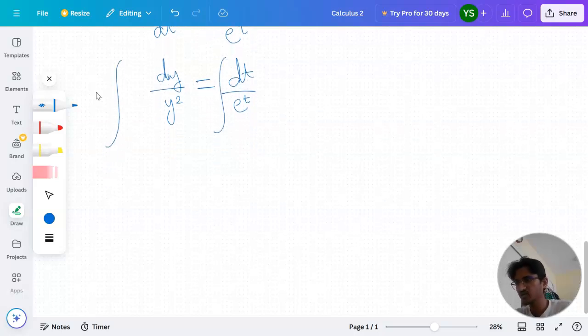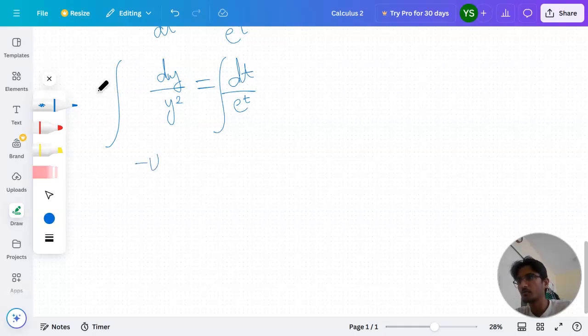The integral of the left side, since this is y to the negative 2, would be negative y to the negative first. The right side is dt over e to the t, which we could think of as e to the negative t, and its integral would be negative e to the negative t.